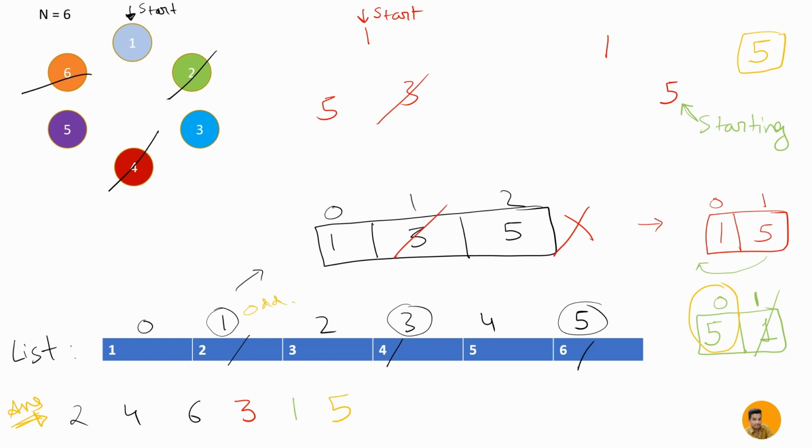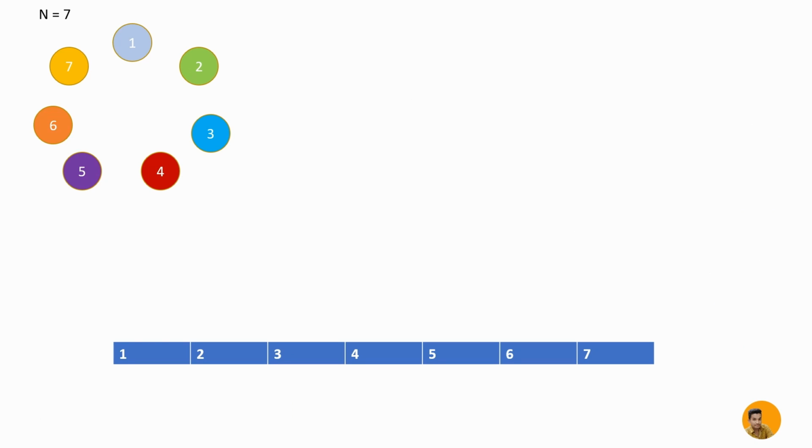Let's take one more example. When n is 7 and we have here our list 0, 1, 2, 3, 4, 5, 6. These are just children numbers written in the linear fashion. So the beginning, this is our starting point, and we know we remove the children present at odd indexes.